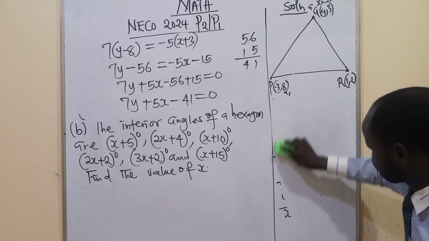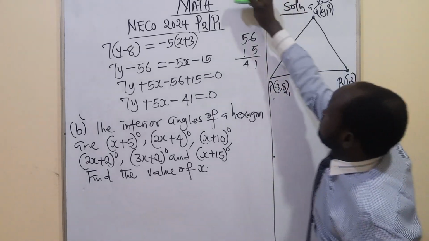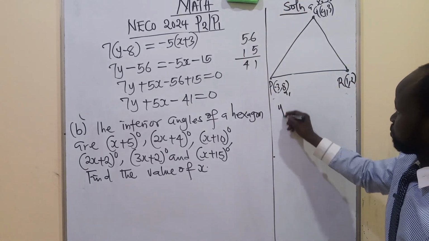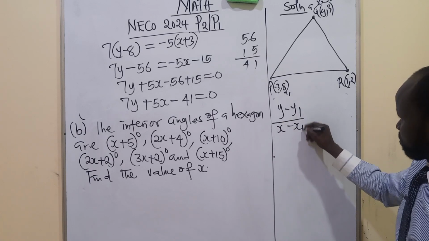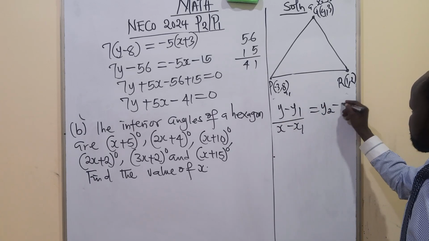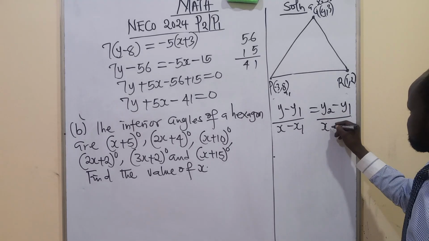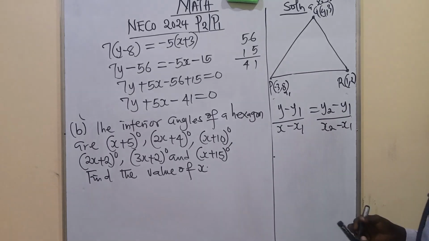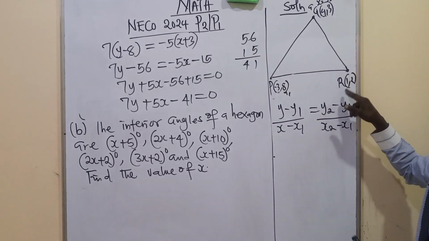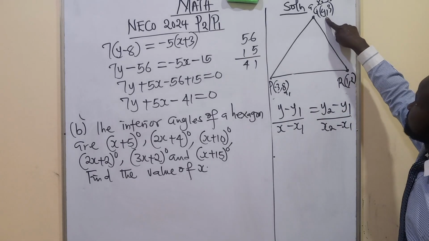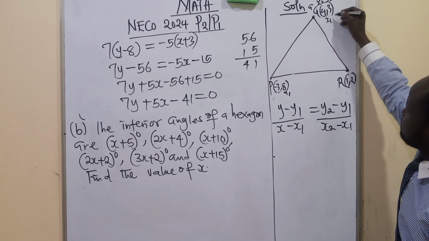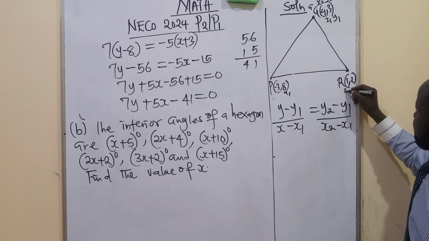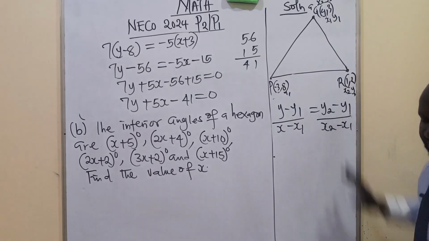Let's clean here. Okay, so let's write down the equation: y minus y1, then x minus x1, equals y2 minus y1 divided by x2 minus x1. So if we're looking at Q to R, it means the starting point will be Q now. So here we change to be x1, y1, then this will be x2, y2 respectively.